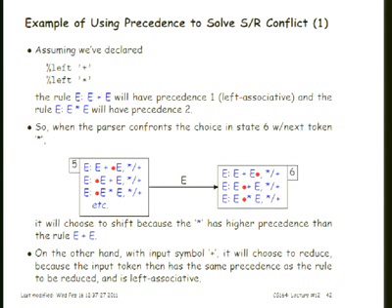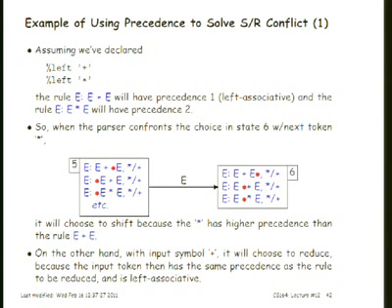What this means, to read this off in English, is you can get yourself into a situation where you have just seen an E plus, that's the top line there, and the next symbol at that point is another E. You will then be in this state over here, where you've seen an E plus an E, and you've also seen this E right here in the second line, and this E right here. This is state 6, for those of you who are listening.